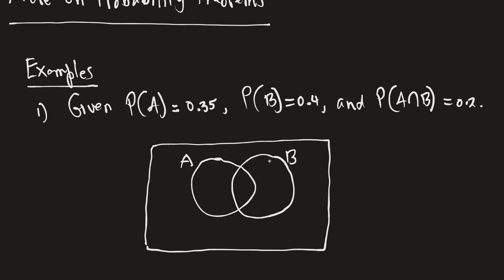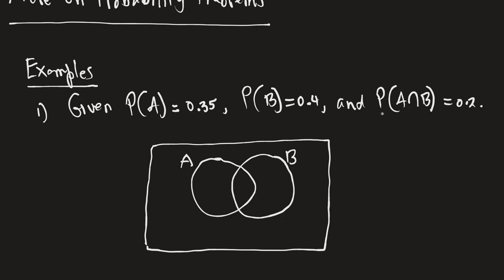The key to the Venn diagram is starting in the region where you have the most overlap. In a two-event situation, that would just be this, and we know what this symbolically means in set theory. It's the intersection.